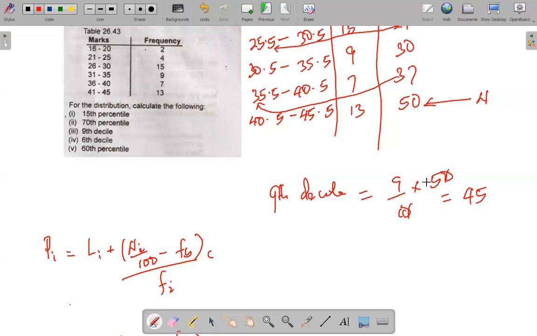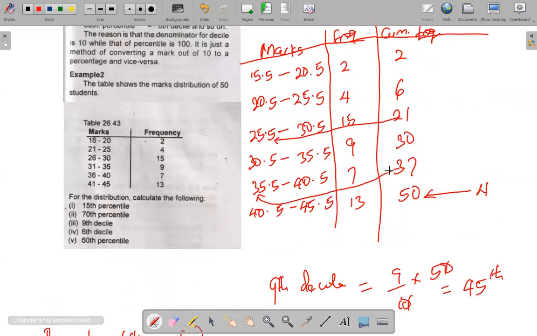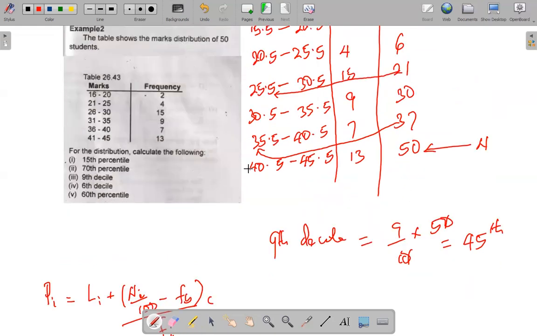So the item in the 45th position will give us the required value, and that will be in this final class here because I have 35, 37 here. 45 should be in this place.